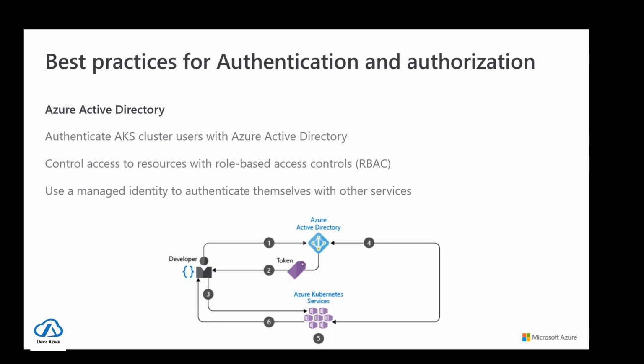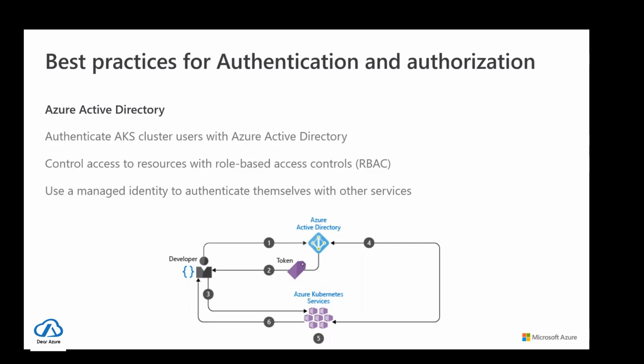Now, because Kubernetes itself doesn't have an identity management that controls which user can interact with what resources, what you typically want to do is to set multiple roles in AD and provide the AD integration directly in Kubernetes.